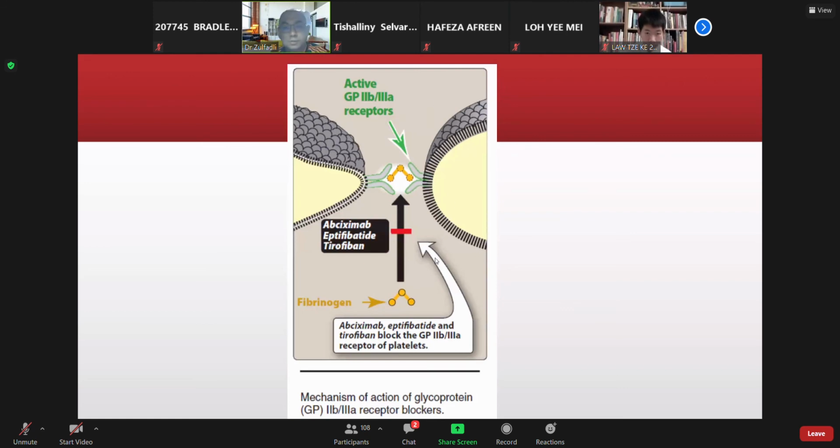They can be a substrate to this linkage, so they block the GP 2B and 3A receptors from linking together. So there is no platelet aggregation.